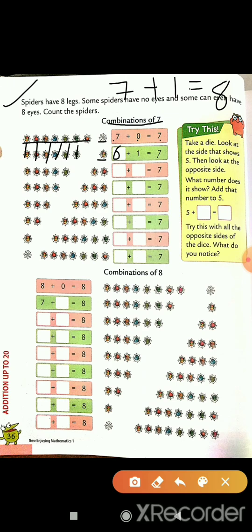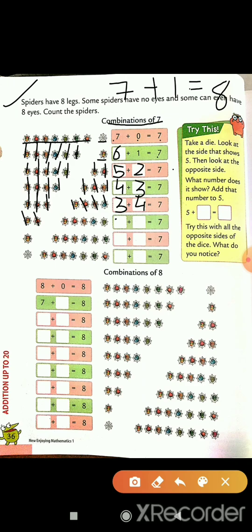So you will count the spiders here. 1, 2, 3, 4, 5 and 1, 2. So 5 plus 2 is equal to 7. 1, 2, 3, 4 and 1, 2, 3. 4 plus 3 is equal to 7. 1, 2, 3 and 1, 2, 3, 4. So 3 plus 4 is equal to 7.